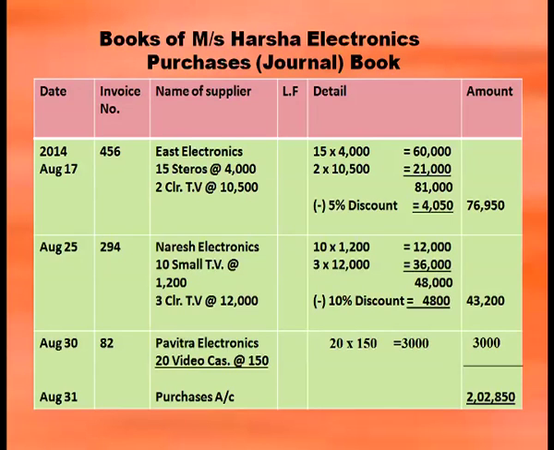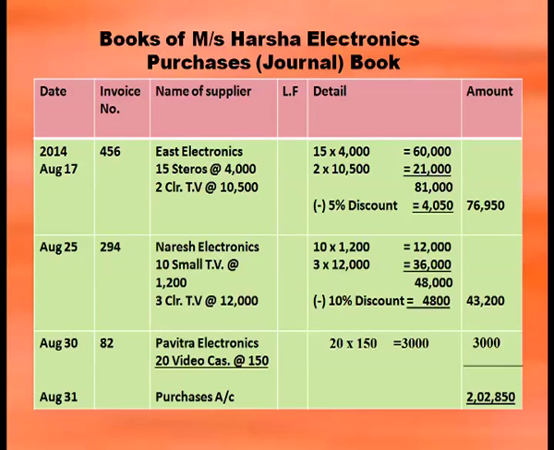And on August 25th, again in the name of the supplier column, Naresh Electronics, another supplier. 10 small TV at rupees 1,200, 10 into 1,200 in the details column. And Harsha Electronics bought 3 color TV at rupees 12,000 from Naresh Electronics.